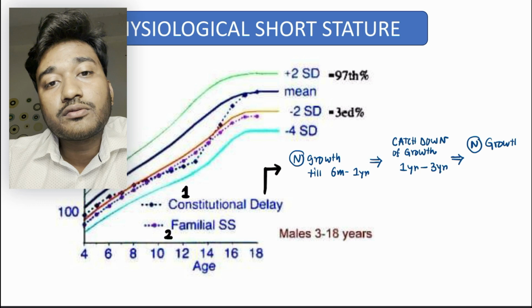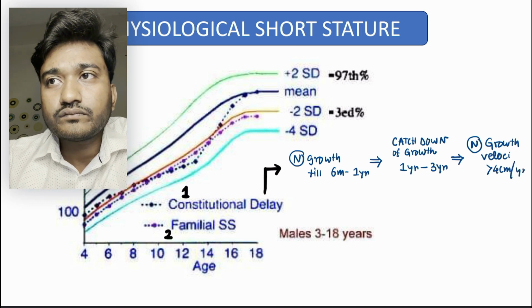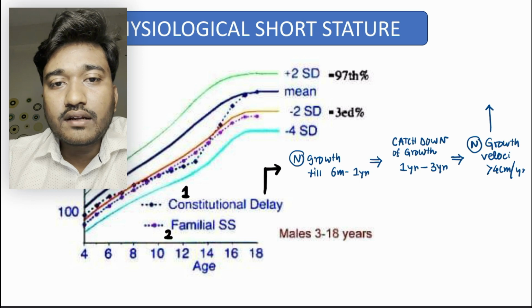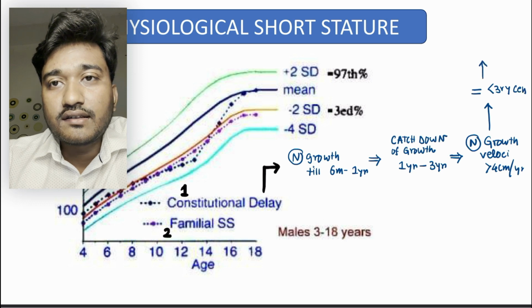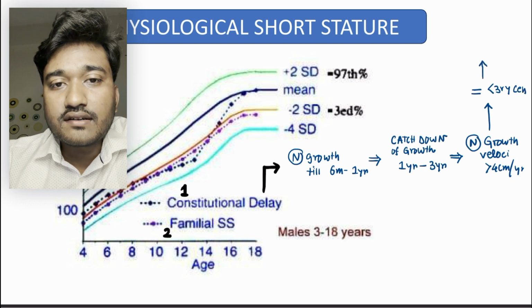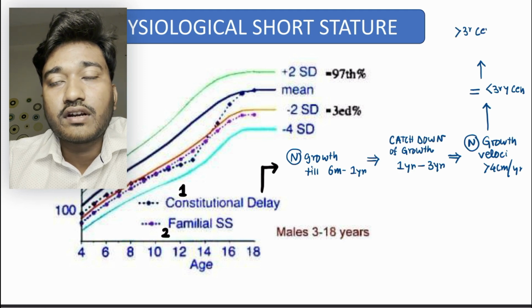At that time the growth velocity is more than 4 centimeters per year. That is a normal growth pattern. But after some years, the child gradually reaches the target height, that is, it crosses the third centile line and goes above, and reaches the target mean parental height.